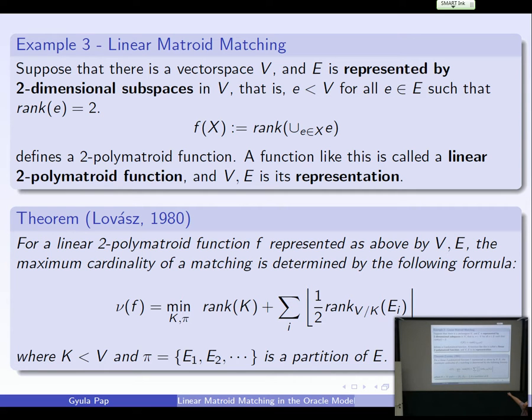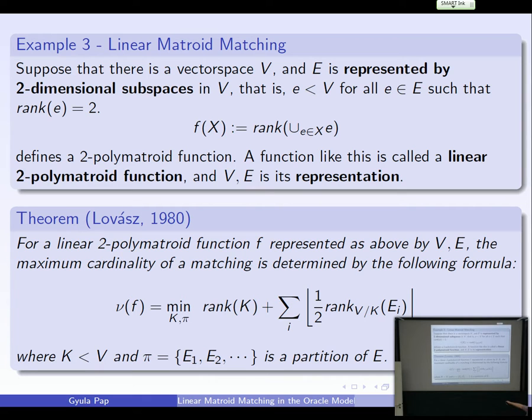For every element of the ground set, we have it represented by a rank 2 subspace of the vector space. The rank function is defined just by taking the rank of the union. When we have this kind of representation of the set function f, then f is called a linear two-polymatroid function.